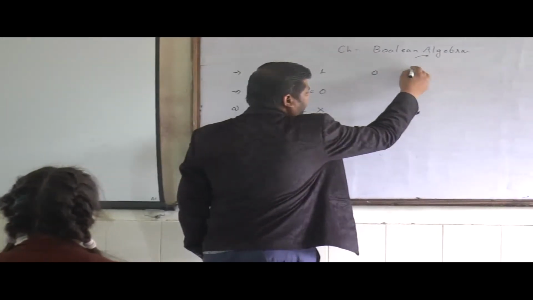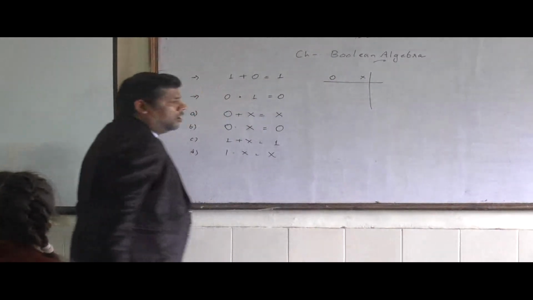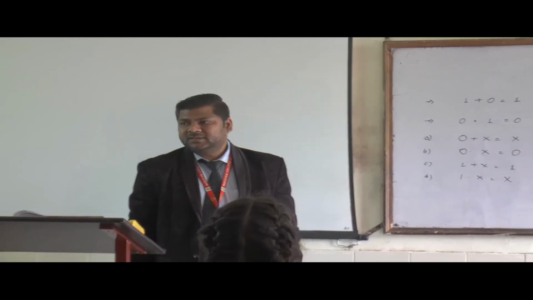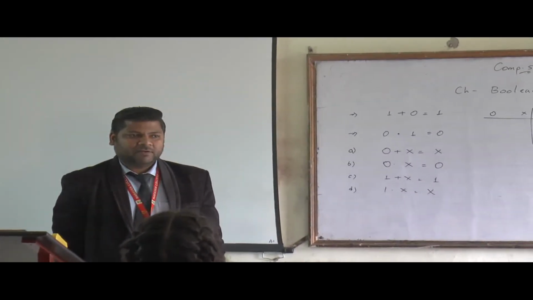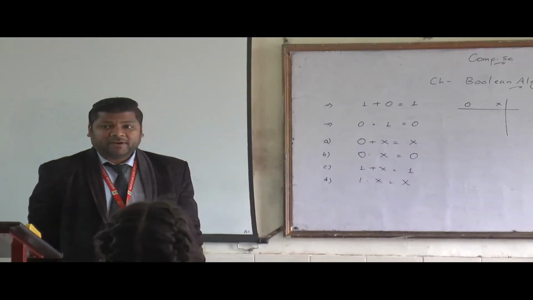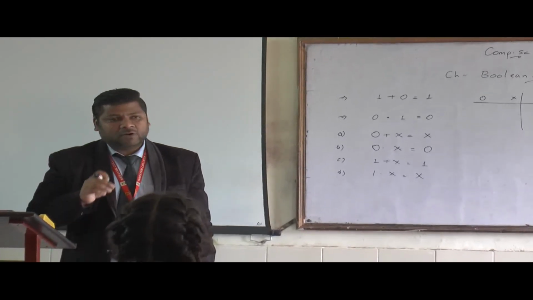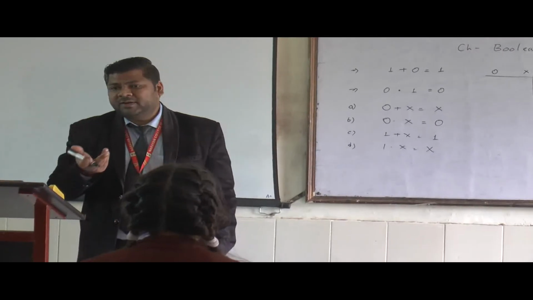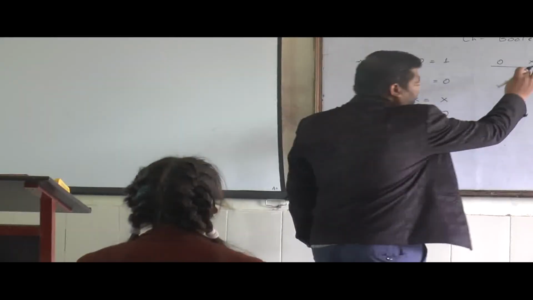0 and x. How many variables can you see here? 2, isn't it? One variable is only x, because 0 is always 0. 0 will remain always 0, so there is only one variable.